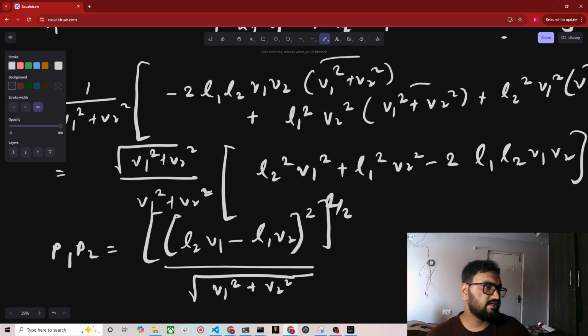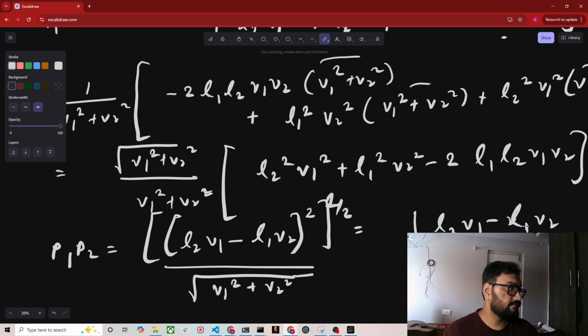So this effectively turns out to be modulus of L2 V1 minus L1 V2 divided by root over V1 square plus V2 square.